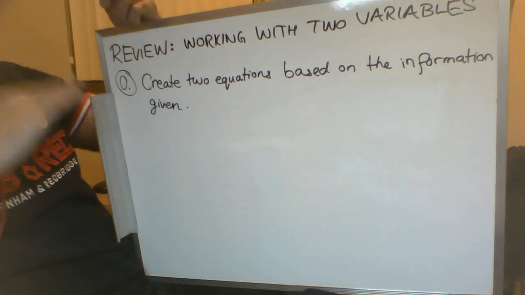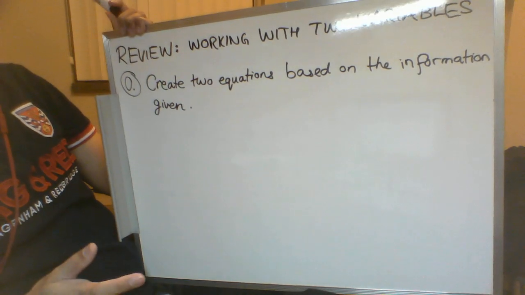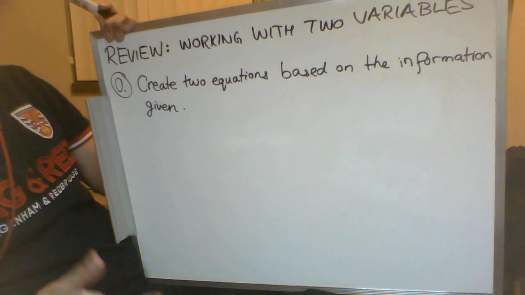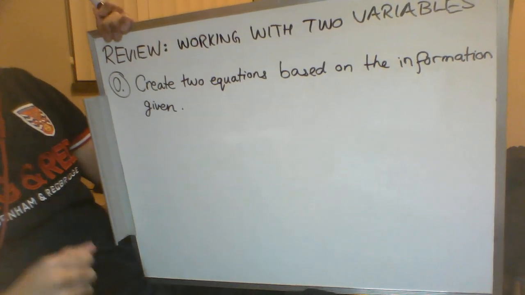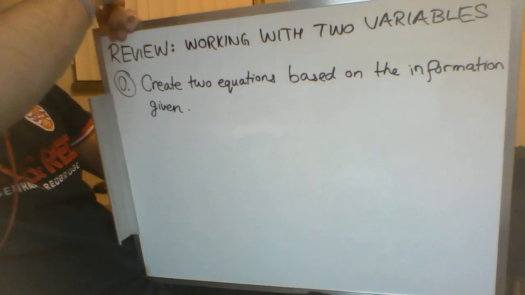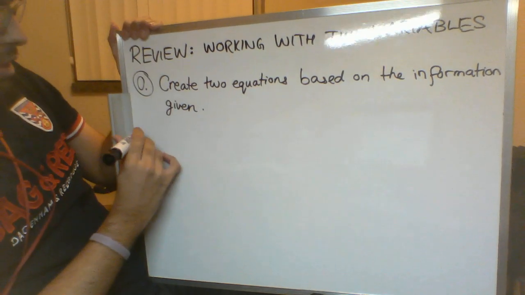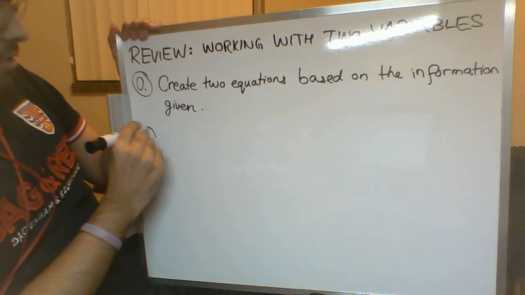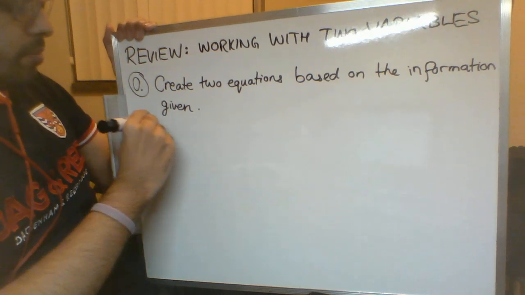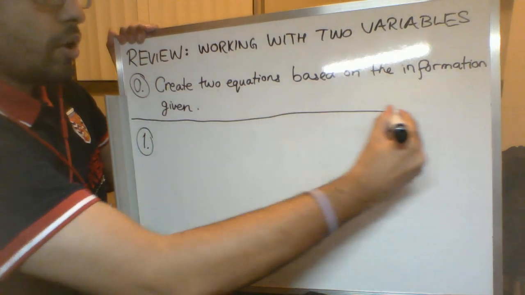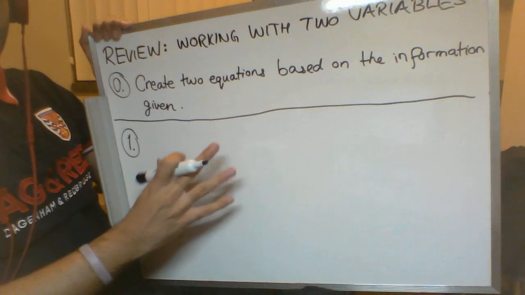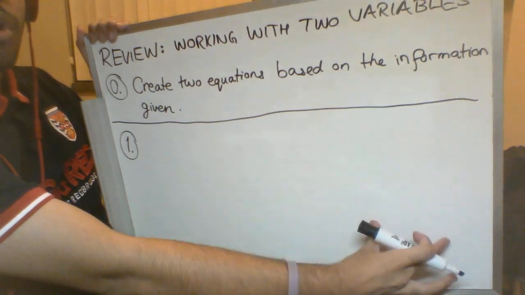So it is technically your step 0 that if you don't have the equations and you just have a paragraph of information, the first thing you need to do is create the two equations, but we're not really going to worry about that right now. The other thing I'm going to do slightly differently in this video is write out the steps, but not do a problem alongside, where I have the words over here and a little problem over there.